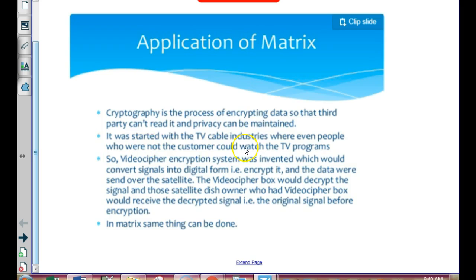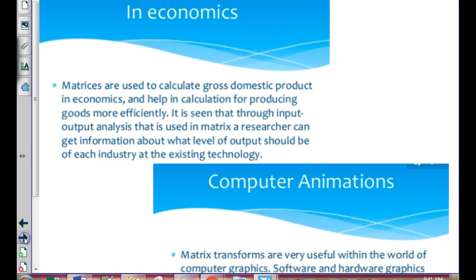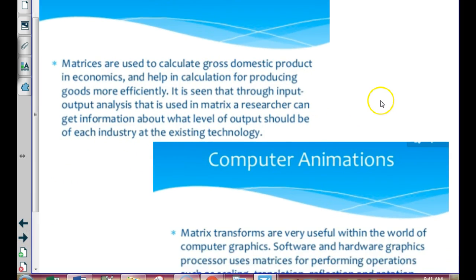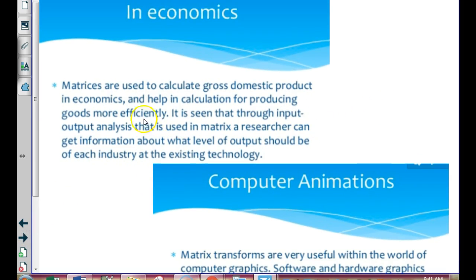It's also cable industries, the cable TV, where people who are not customers, okay, so encoding things on to keep, you know, you from watching Netflix without a Netflix account, that kind of thing. All right, in economics, I thought this was interesting. It's used to calculate gross domestic product. Didn't we just have a question about that the other day?